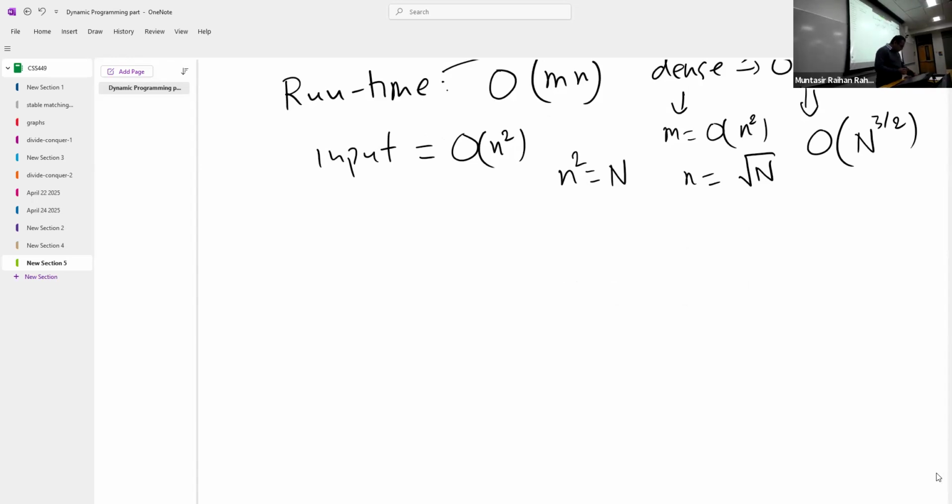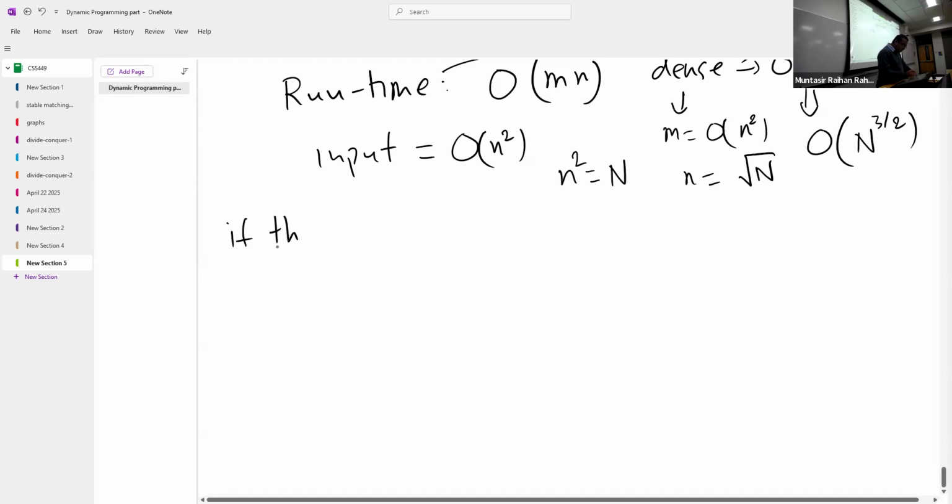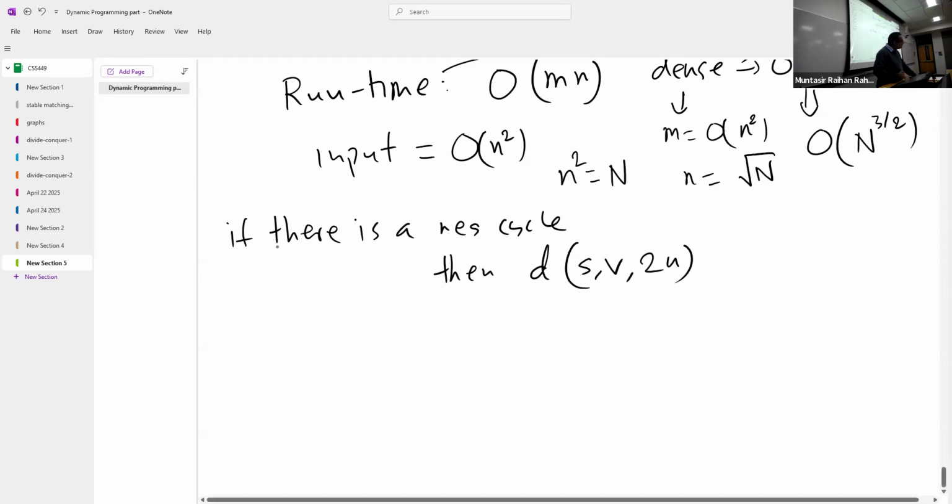And then, this algorithm assumes that there is no negative weight cycle, but there is a way to actually detect the cycle. If there is a negative cycle, then if you go up to hop 2n, right?